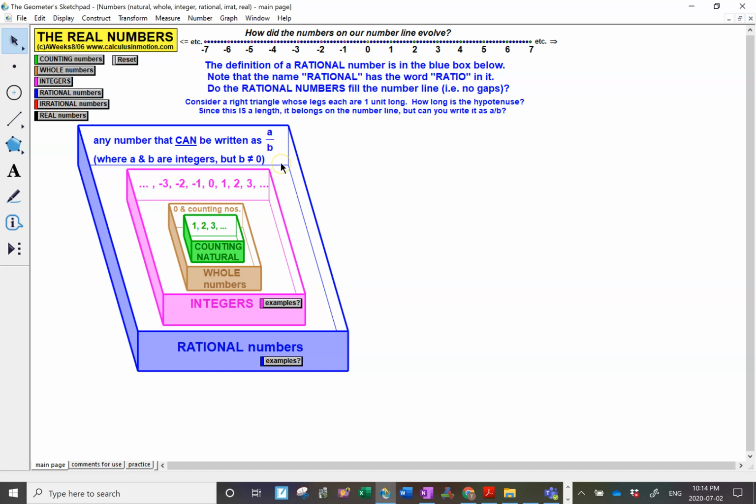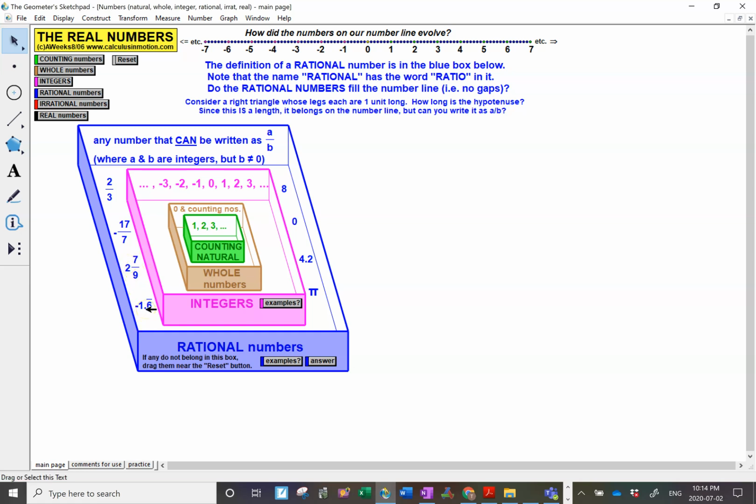So now it gives rise to numbers like 1/4, 2/3. Let's look at some examples here and see. Like 2/3 is a rational number, so that's clearly a number that can be written as a ratio between A and B. What about -17/7? Yes. What about 2 and 7/9? That's absolutely an example.